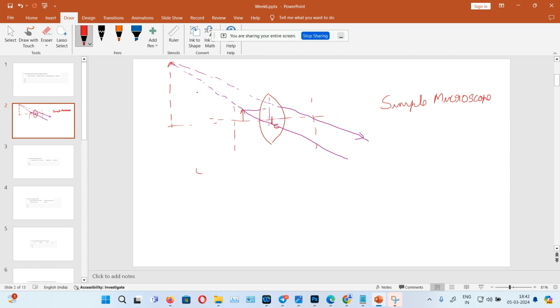In this model, the lens is used for imaging, but the image is a virtual image. So a simple microscope consists of only one lens, and it makes a magnified virtual image of an object.